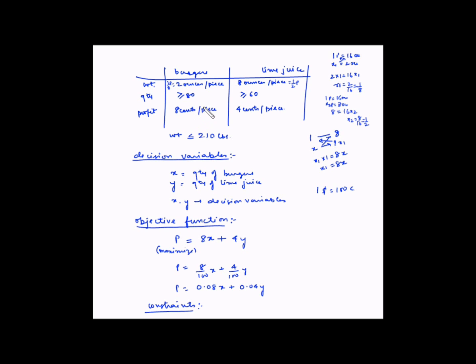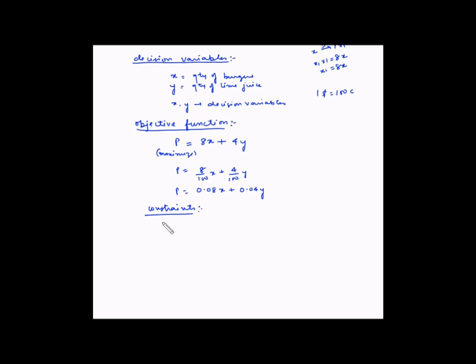And the addition of the weight of burgers and lime juices should be less than or equal to 210 pounds. So this becomes our first constraint. Let's note this down: 1 by 8 x plus 1 by 2 y is less than or equal to 210.